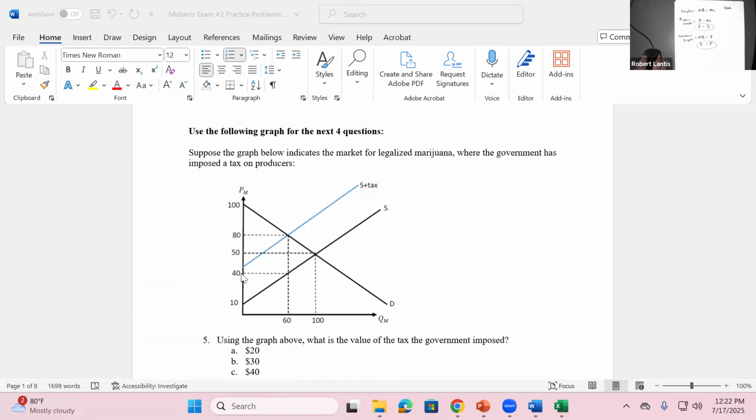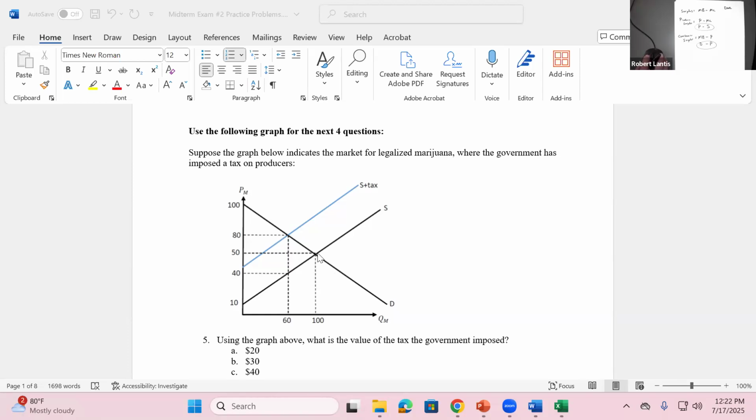So you might think, okay, price floor of 40, the quantity will be 60, oh, it's going to be the same deadweight loss as we had before. No. If I tell you it's a price floor at 40, that's telling me I can't charge a price below 40. Before that tax, what was the equilibrium price? 50. So was that below 40? No, this is an ineffective price floor, which means nothing will happen and the deadweight loss in the market will actually just be 0.